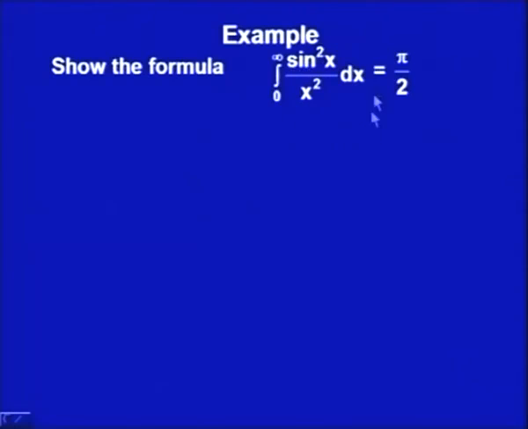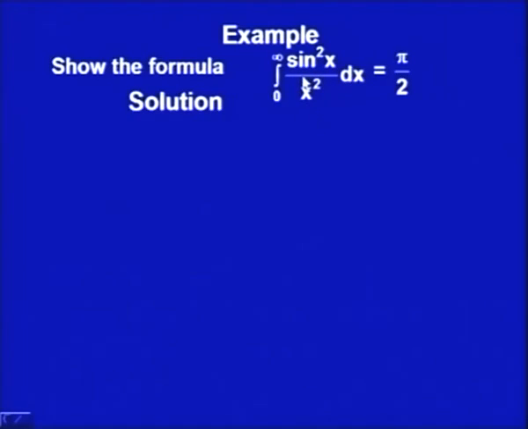Let us see this integral once more. The integral is again an improper integral, where one limit is approaching infinity. The function is sin square x upon x square. So here we are involving a sin square term, which is neither a polynomial rational function times sin x or cos x.